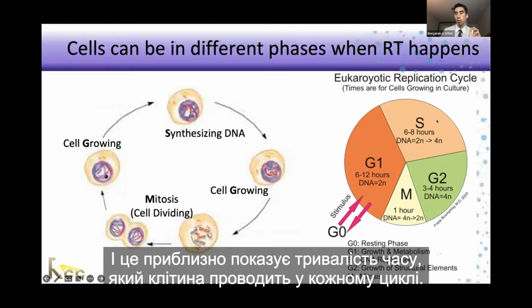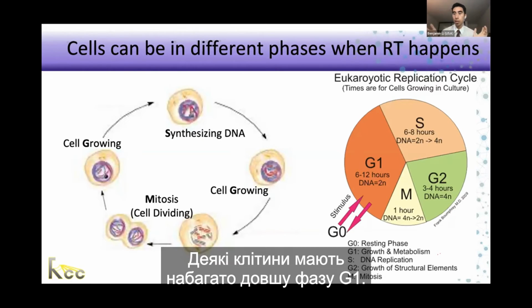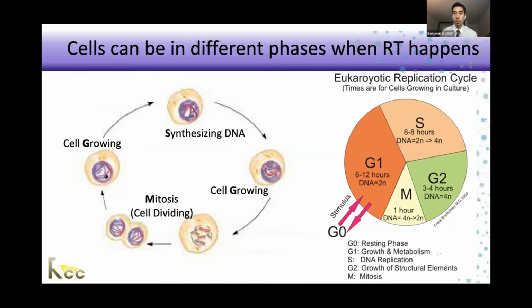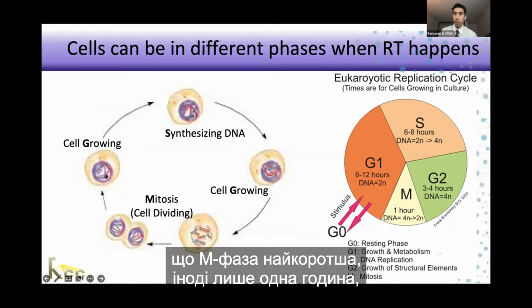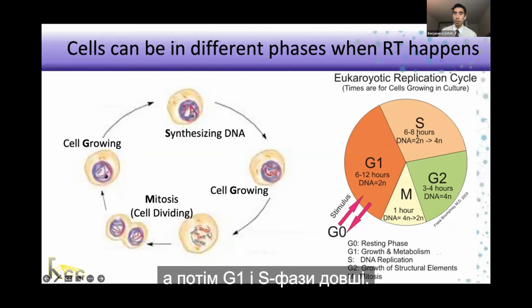And this shows roughly the length of time that a cell spends in each cycle. Some cells have much longer G1 phases. So this isn't a universal truth, but in general, you see that the M phase is the shortest, sometimes only 1 hour. And then G1 and the S phases are longer.